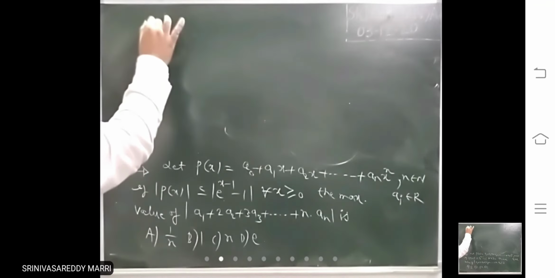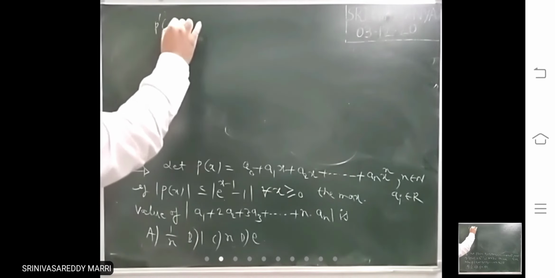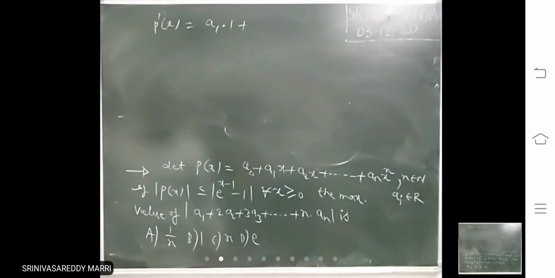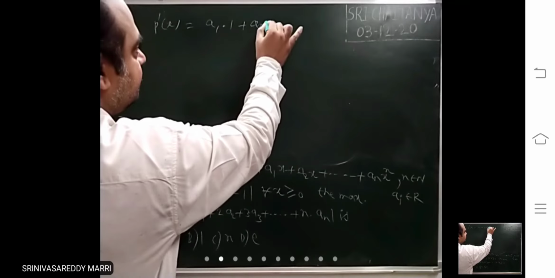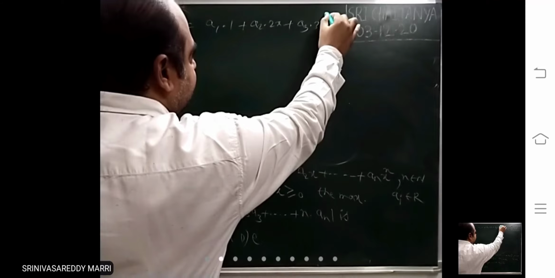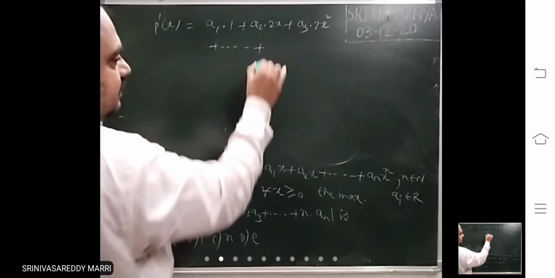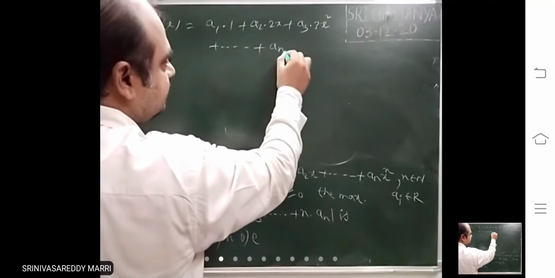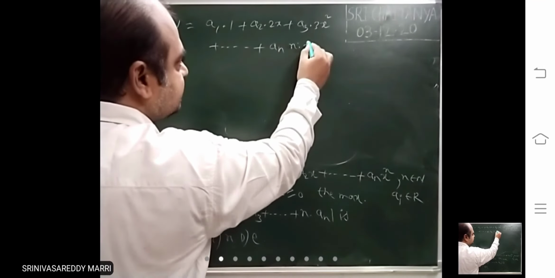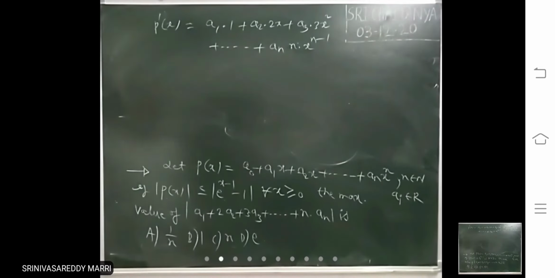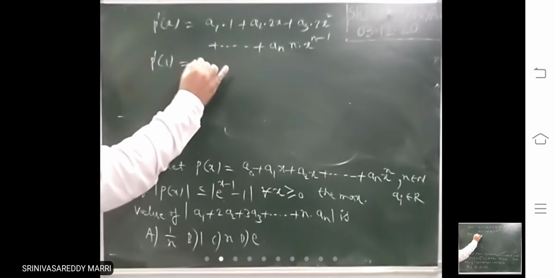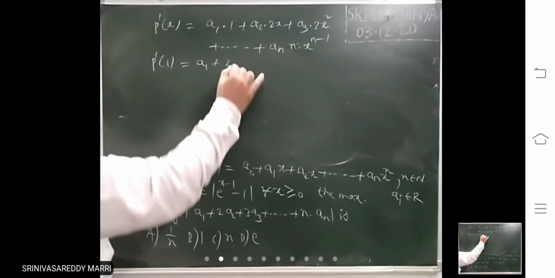Now I am finding P'(x). The constant gives 0, a1 into 1, plus a2 into 2x, a3 into 3x squared, and so on. The last one is an into the derivative of x to the power n, which is n x to the power n minus 1. Now if you substitute 1 here, P'(1) is nothing but whatever he has given inside the modulus.